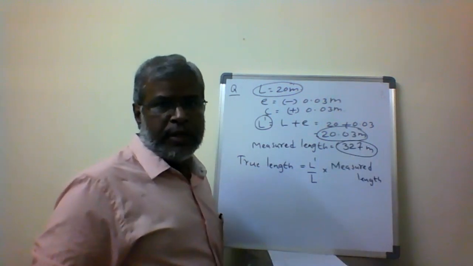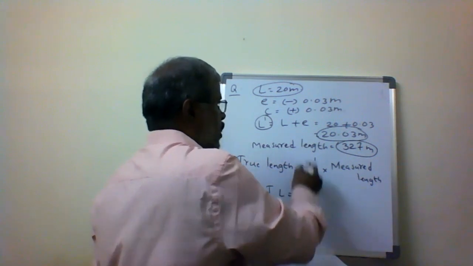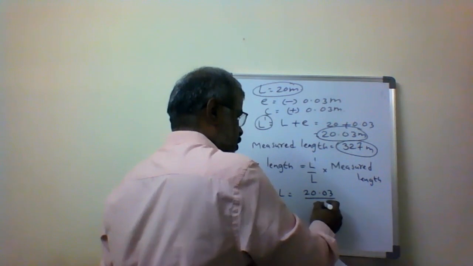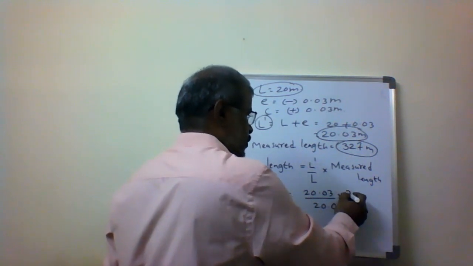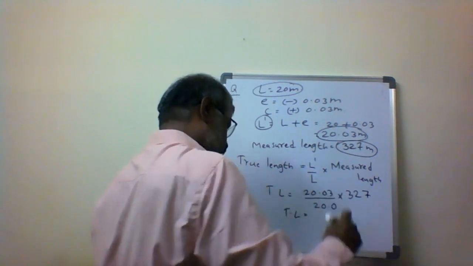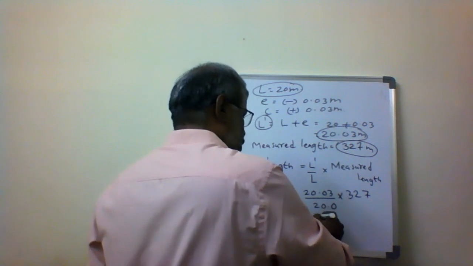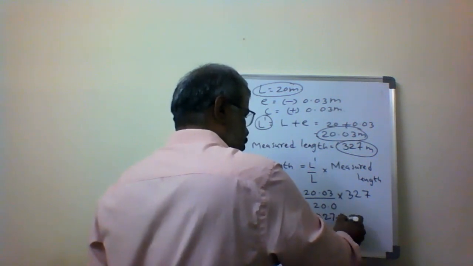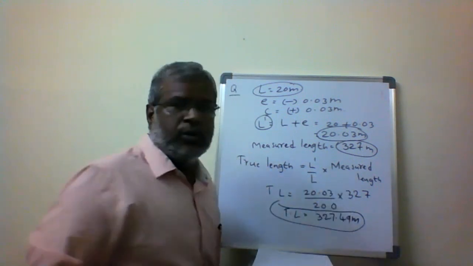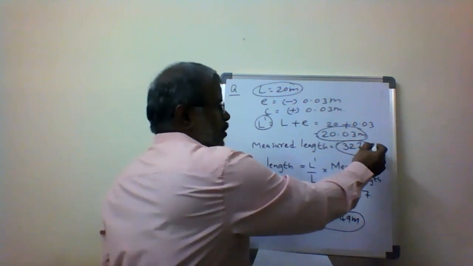All three parameters we know. From that, true length, TL, equals L dash by L into measured length, 20.03 by 20.0 into 327. So the true length equals 327.49 meters.